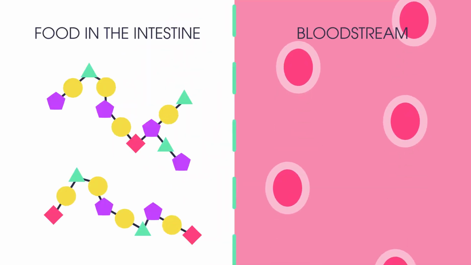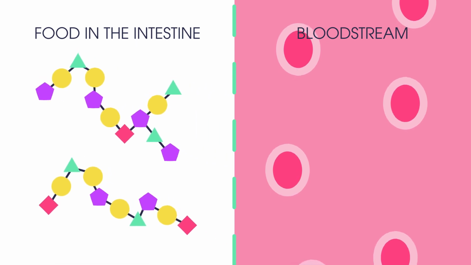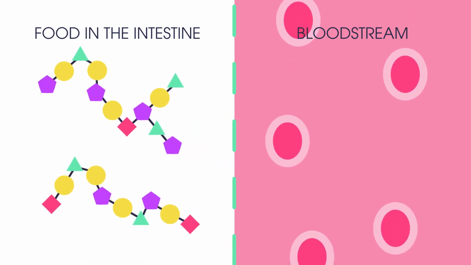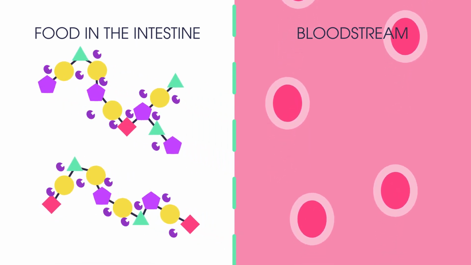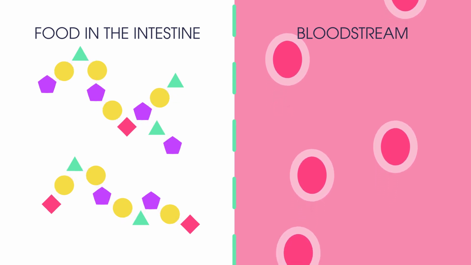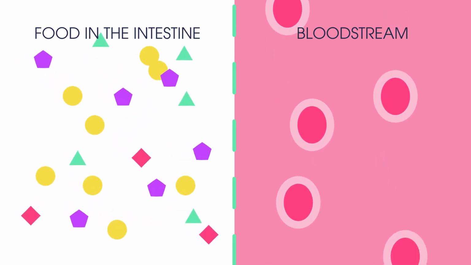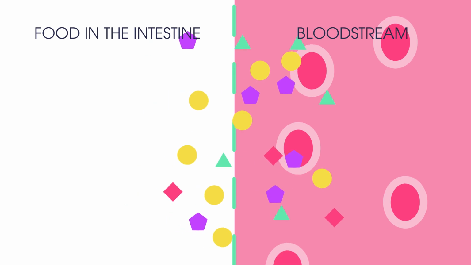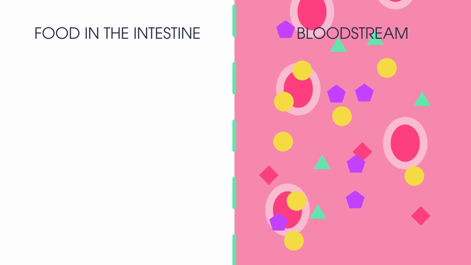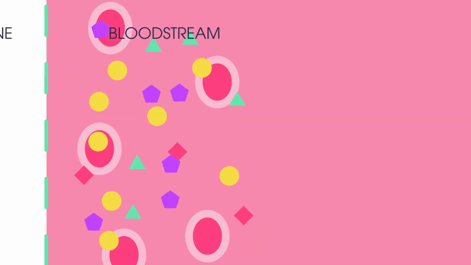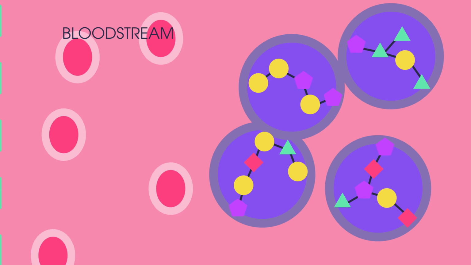But did you know that proteins are large molecules, too large for our bodies to absorb? That's why enzymes in our digestive system break down proteins into amino acids, which are small enough to pass from our digestive system into our blood to be assimilated by the body. When we absorb these amino acids, they are then built back up into proteins and used in a variety of ways.